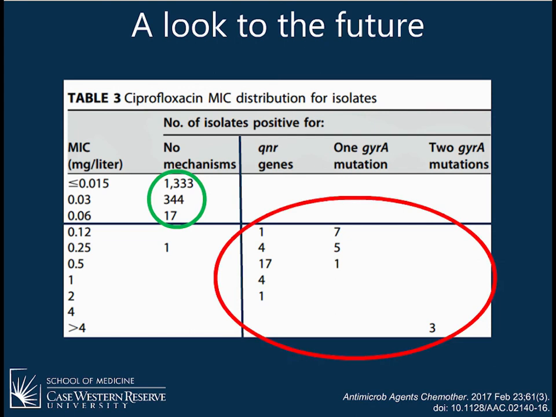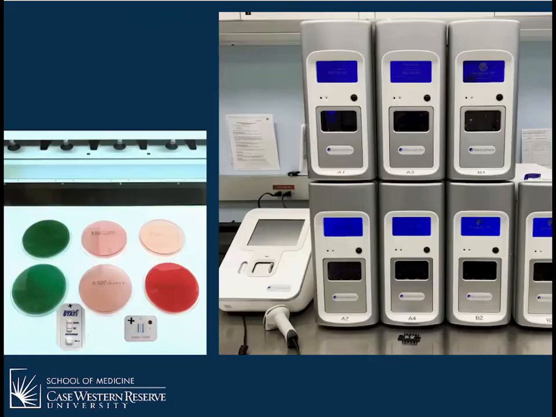That's in contrast to the lower right quadrant, where you can see that they either detected a QNR gene or a mutation in a gyrase gene, and all of these had phenotypic evidence of resistance. As you can see, their MICs were 0.12 or higher for ciprofloxacin. So I think it's very interesting that at least for some bug-drug combinations, a genotype might be able to provide susceptibility information that's on par with phenotypic data in the future.